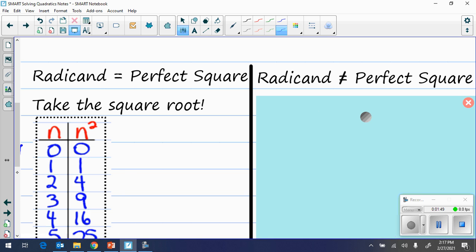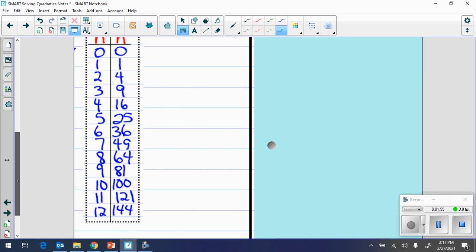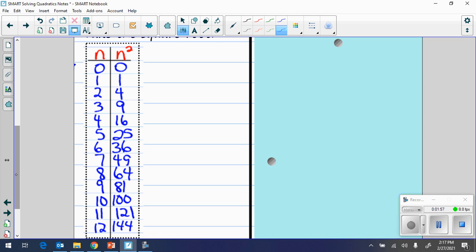If it is a perfect square, then you're just going to take the square root. I took a snippet of our perfect squares that we did up to 12 earlier in the unit. For example, if it is the square root of 9, you look on the table and it's right here. So the square root of 9 is 3.